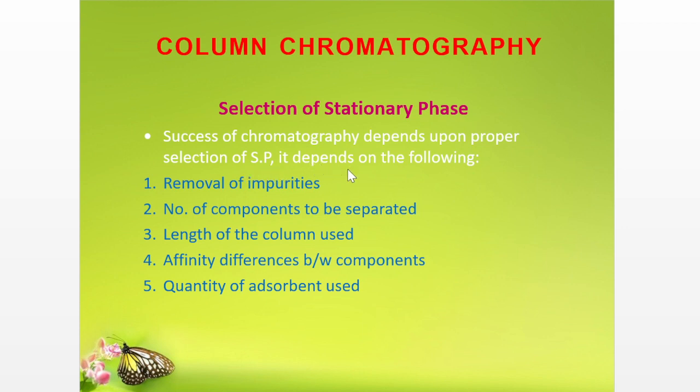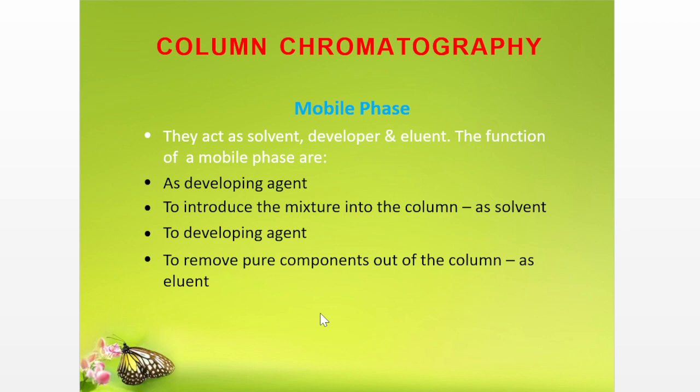Here are some factors on which it depends. Removal of impurities: we should remove all the impurities from the stationary phase. Number of components to be separated, length of the column used, affinity difference between components, and quantity of the adsorbent used.